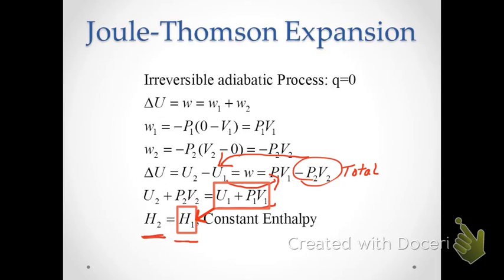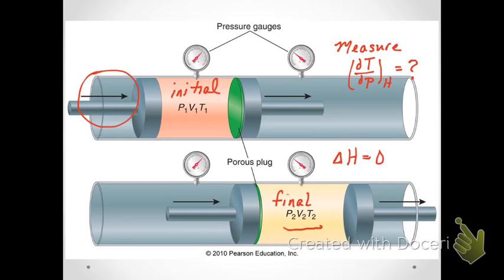So this is indeed a constant enthalpy process. So going back to the setup for the Joule-Thomson expansion, we've just shown that indeed delta H is equal to 0. So that means that any temperature and pressure changes we make to figure out our partial derivative are under conditions of constant enthalpy.